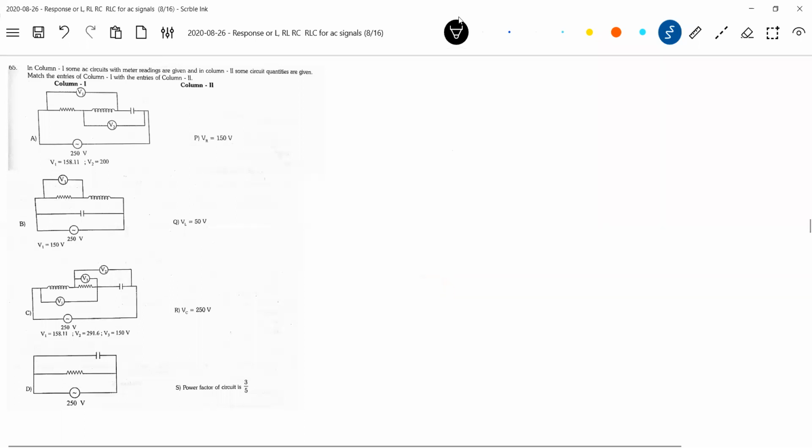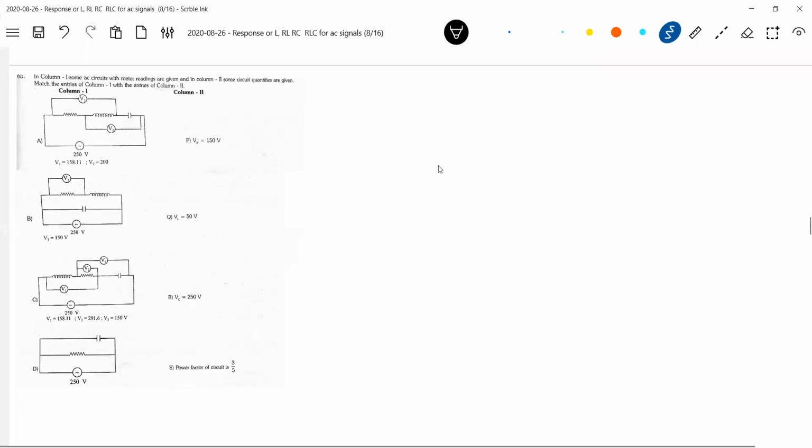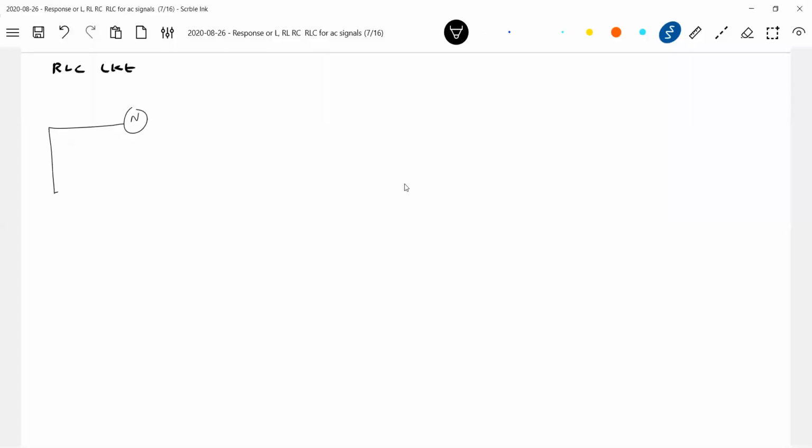I'll read the question. There are RLC circuits. I'll bring everything here now. Okay, I think some of you find it very difficult. We'll do one thing: RLC I'll discuss. If it has all three elements, then what has to be done? Now I'll finish this so that you can do many numericals today.